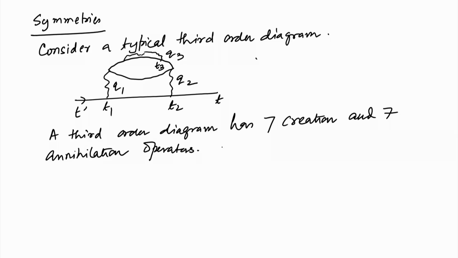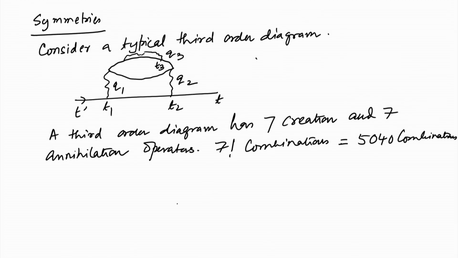So, how many combinations are we going to get? 7 factorial combinations. So, this is equal to 5040 combinations. This tells us that we do not have to calculate all the 5040 diagrams.